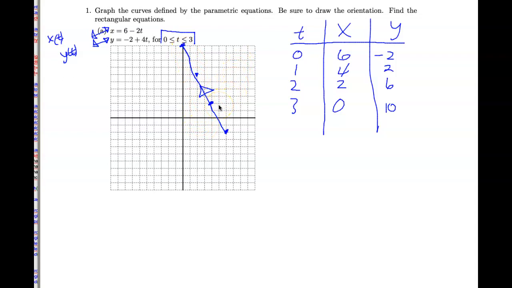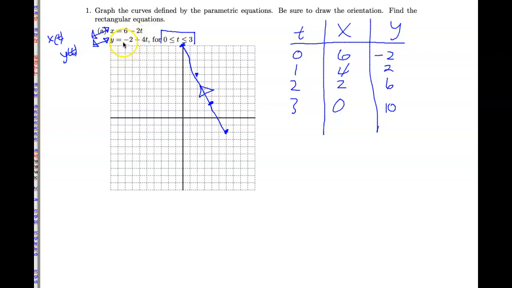And the other thing we want to do with this problem is find the rectangular equation. There's a couple ways that we can approach this. What you want to do is look at each of your equations and ask yourself, which equation is easier to isolate t for?